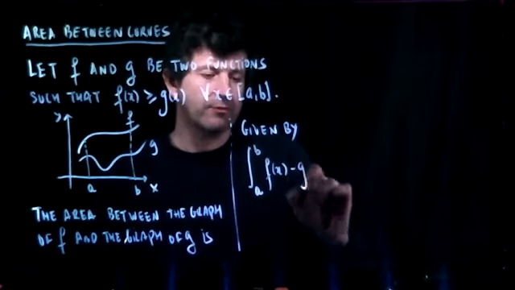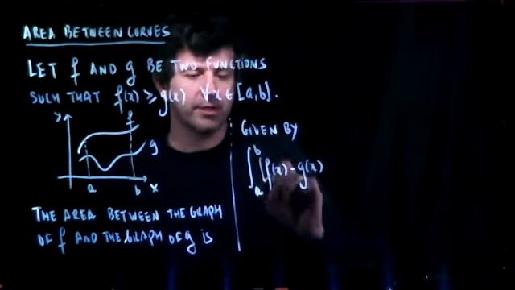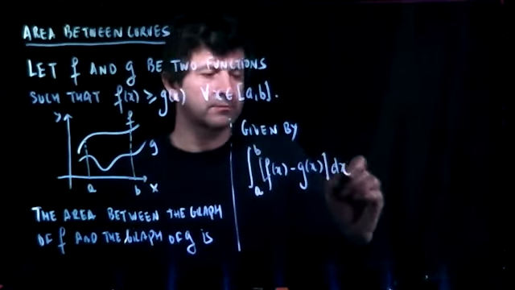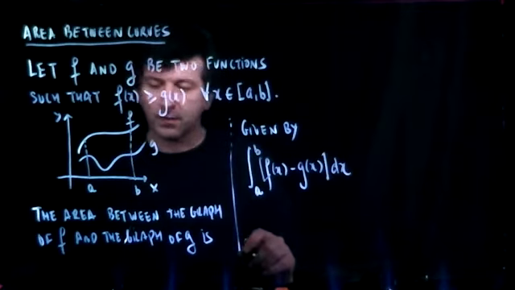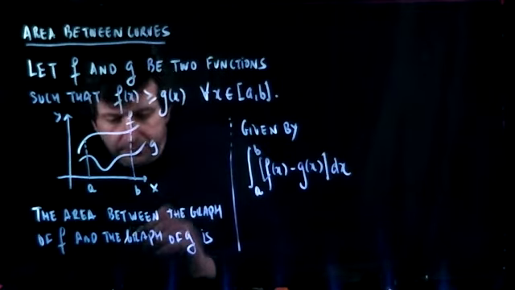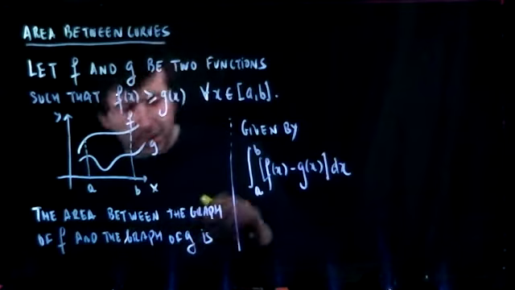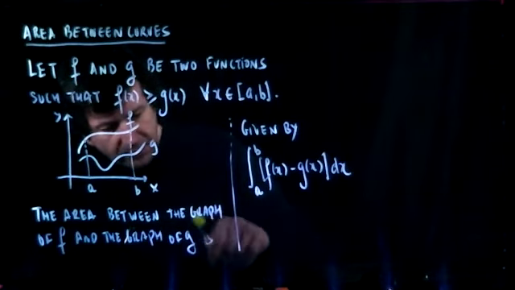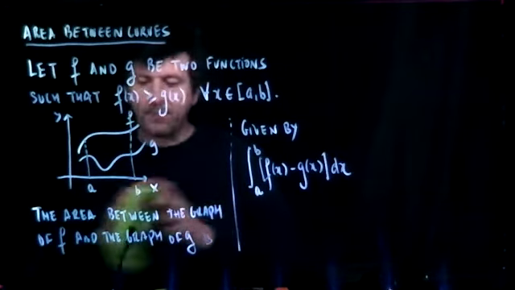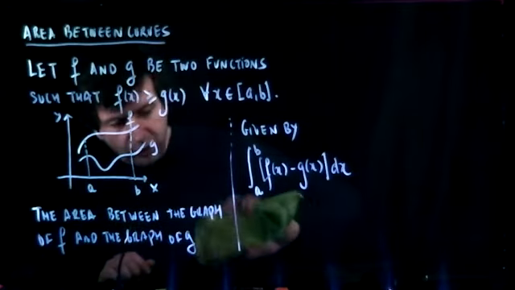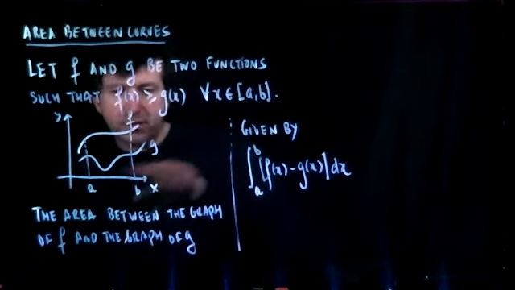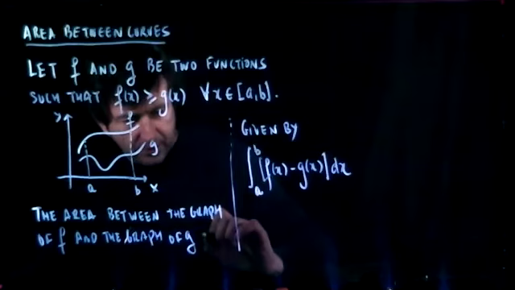So f of x minus g of x dx. I should specify here between the graph of f and the graph of g, so of course, it's always over AB, right?